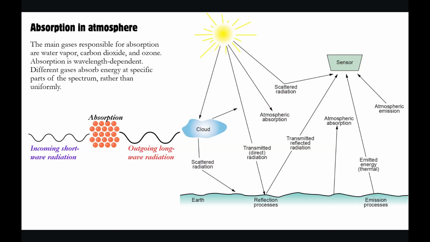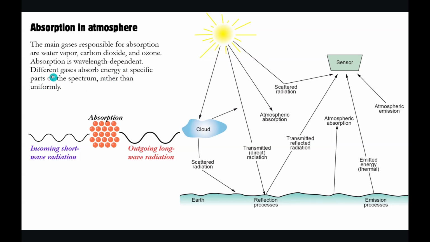We will look into this a little more closely so that we understand this greenhouse gas effect. And then water vapor, we know it absorbs all the infrared radiation, whatever radiation that carries heat. So absorption is wavelength dependent. What kind of radiation will be absorbed all depends upon the wavelength of that radiation.